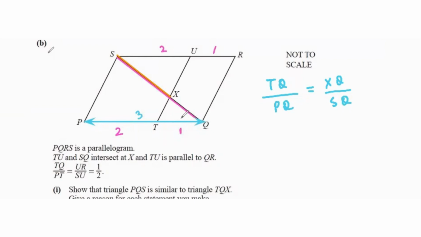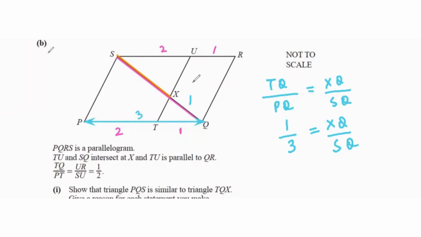TQ is the length of triangle XTQ. PQ is the length of the triangle SPQ. So the ratio of that is equal to the ratio of XQ over SQ. TQ is 1, PQ is 3. So XQ over SQ is equal to 1 over 3.